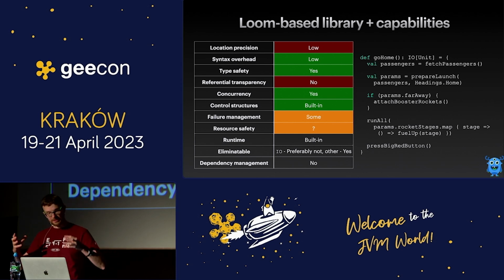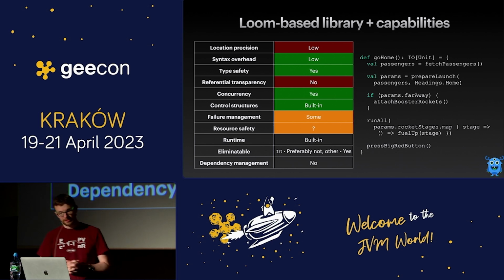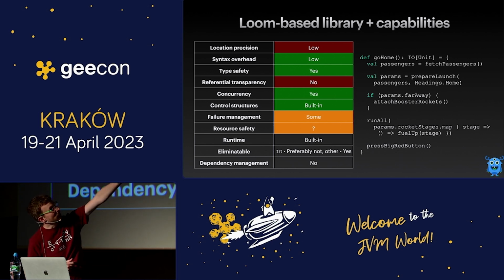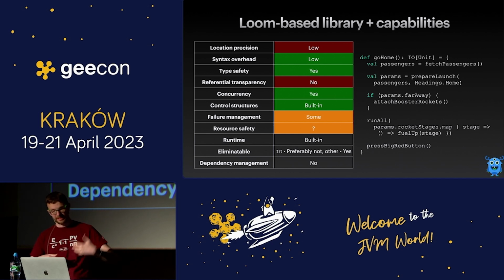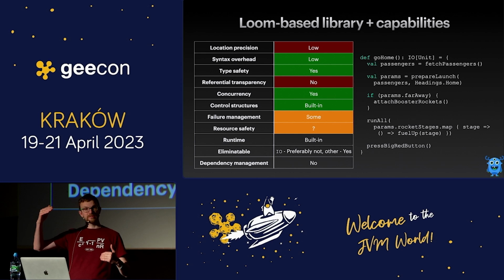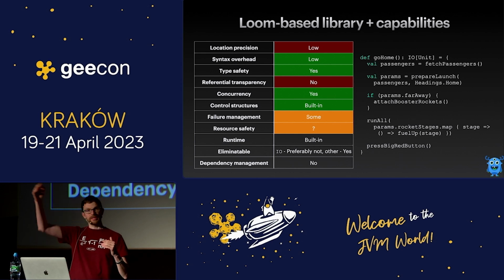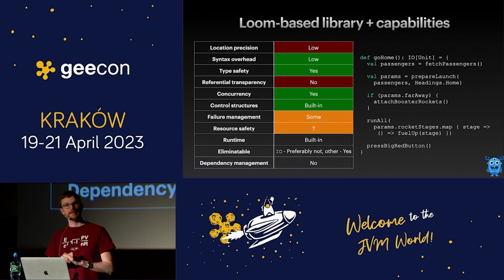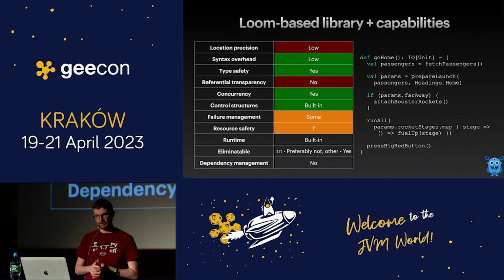Meaning that it needs to be provided with a token to actually be run. And this token is the I/O that you can see at the top over there. So the compiler, because it sees that the enclosing scope actually has this token because it's declared as an I/O, it will insert this token to the fetch passengers invocation for you without you having to actually do it by hand.